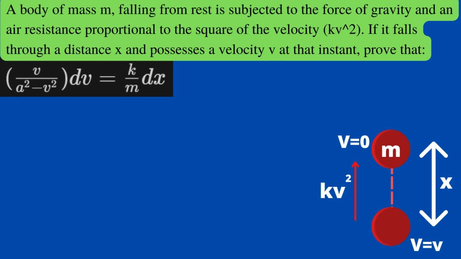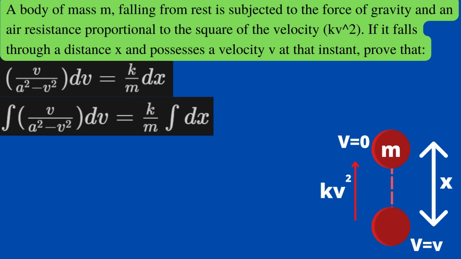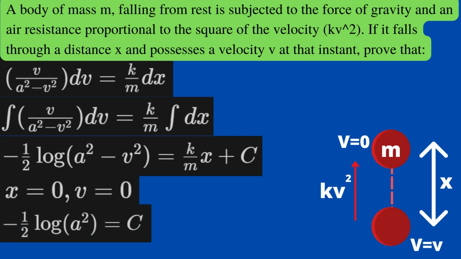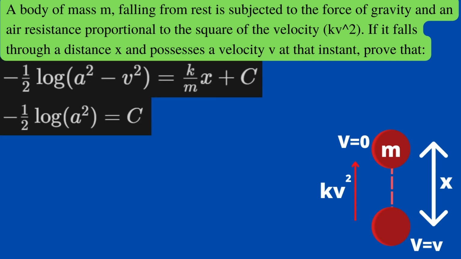Now integrate both sides, we get minus 1 by 2 log (a square minus v square) is equal to k by m multiplied by x plus c. We also know that the body is initially at rest, that is x is equal to 0 and v is equal to 0. Putting these values, we get minus half log a square is equal to c. Now let us use the value of c that we just found.